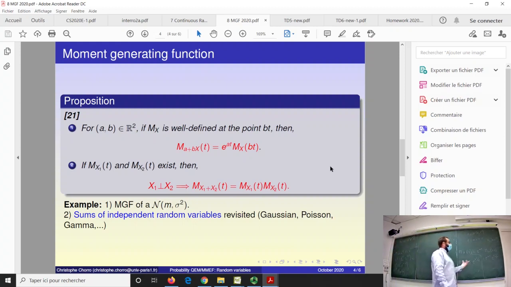That is exactly this one. So if I linearly or affinely transform a random variable, in general it is possible to recover the new moment generating function from the old one, the one of the initial random variable I have transformed.